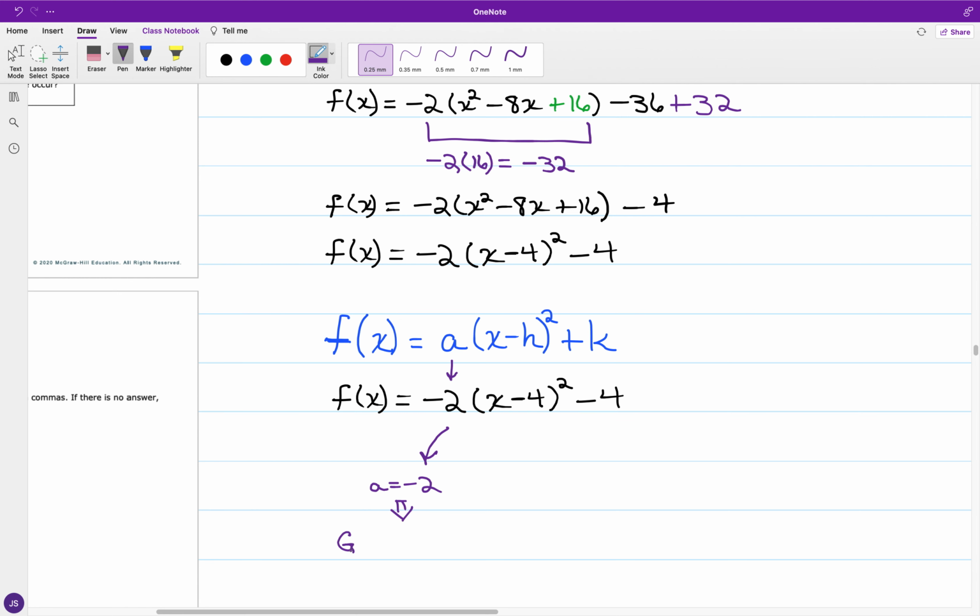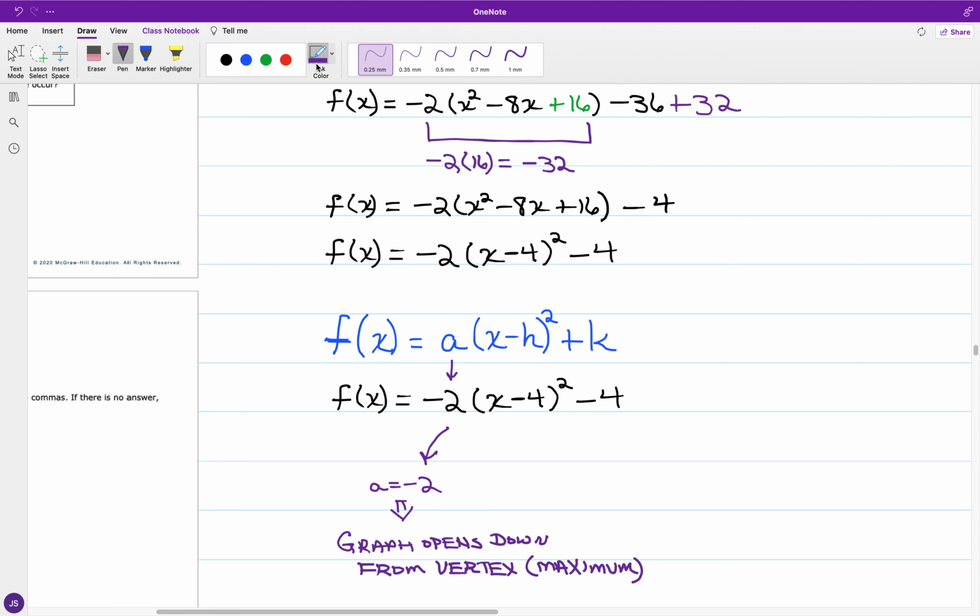So that means that the vertex is going to be the high point. And since the vertex is going to be the high point, that is going to be the location of the maximum. So you got A at negative 2.